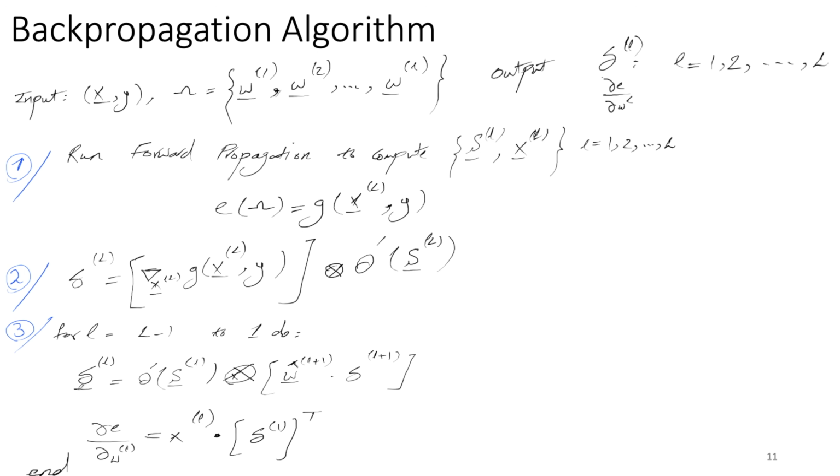The vector of delta L would be equal to theta prime SL pointwise to the weights of that layer connected to that layer, which was the summation of all of those neurons behind a specific node, multiplied by the delta L plus 1, right?